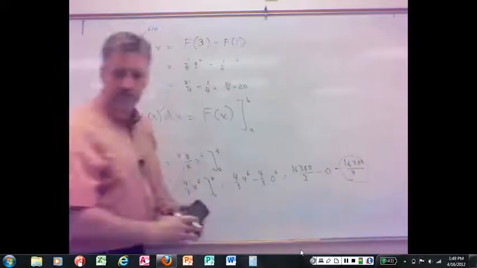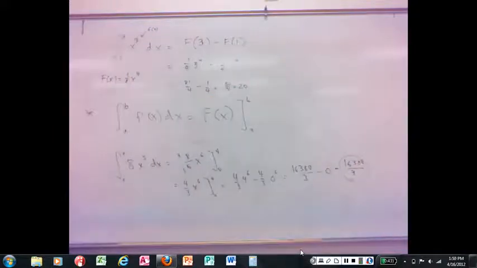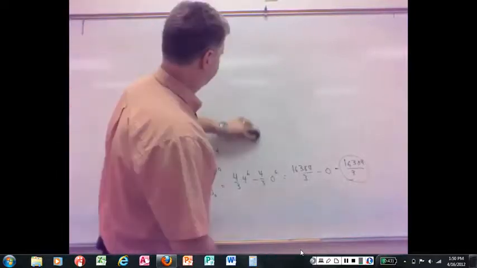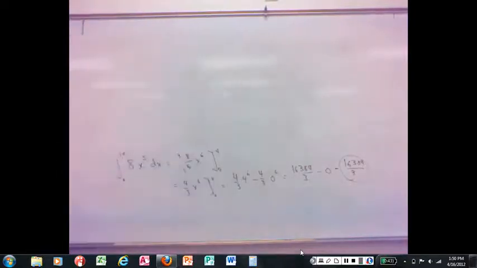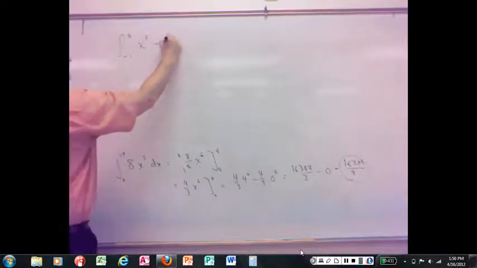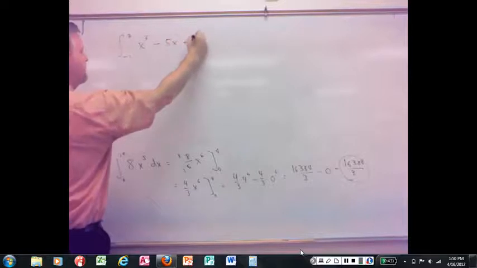Okay? What if, and this is where those properties really come in handy, what if we do the integral from -1 to 3 of x cubed minus 5x plus 7 dx?